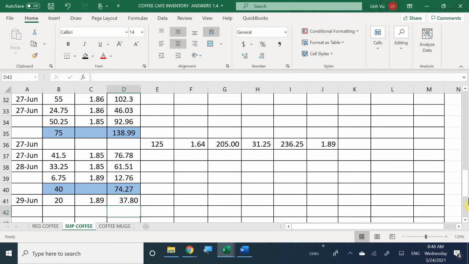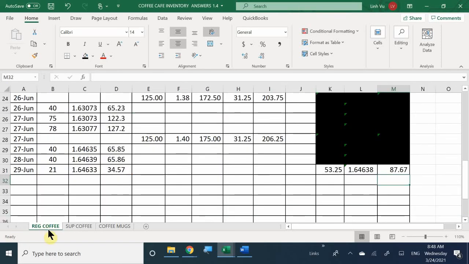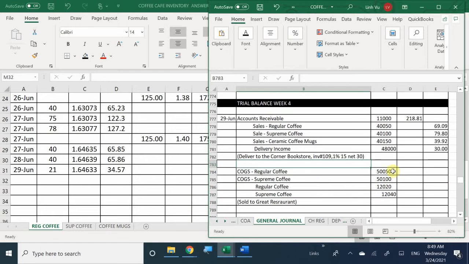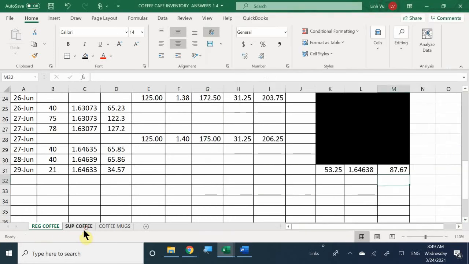37.80. Okay, so now we sold the Supreme Coffee for 37.80, and we sold the regular coffee for 34.57. So let's go ahead and update our journal here. We've got a cost of goods sold of 34.57 for my regular coffee.